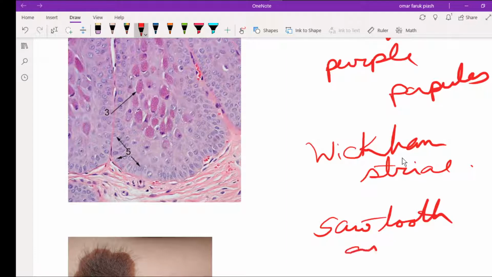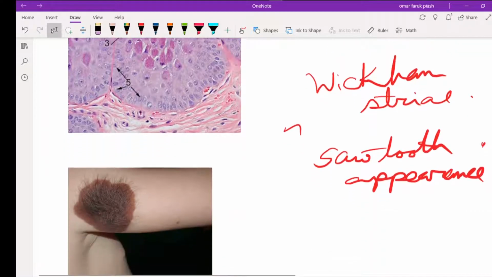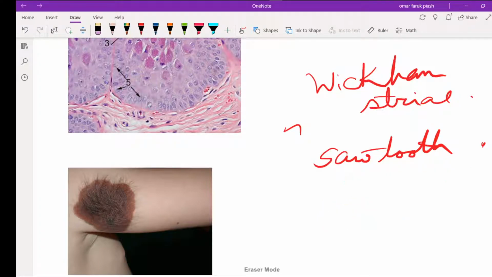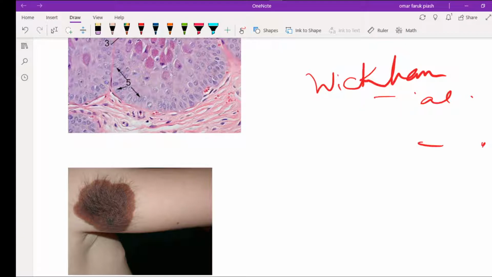So in lichen planus, you have to remember: one is all the P's, the second is the sawtooth appearance in histology, and third, it is associated with hepatitis C. Also there is Wickham stria.